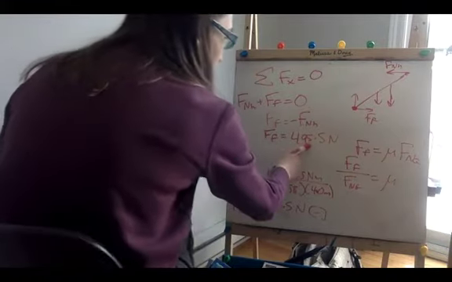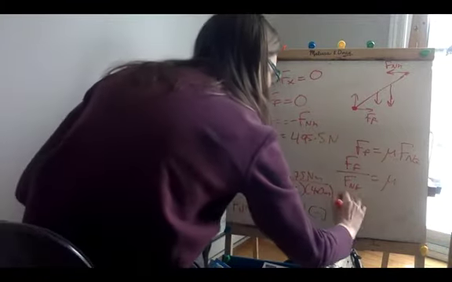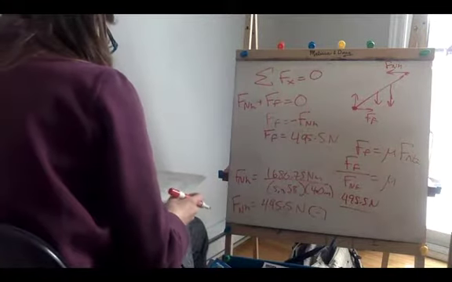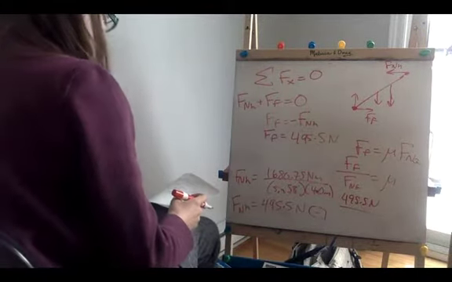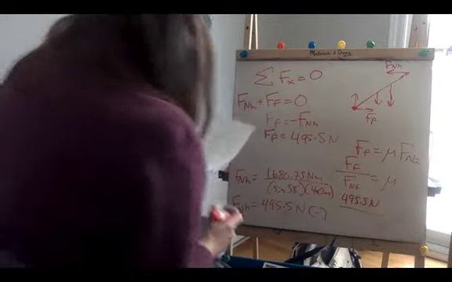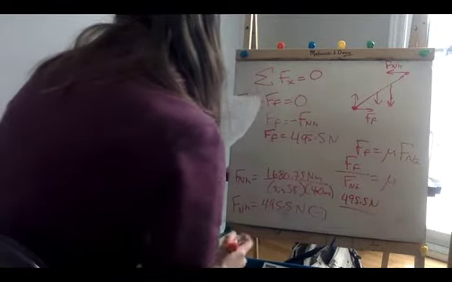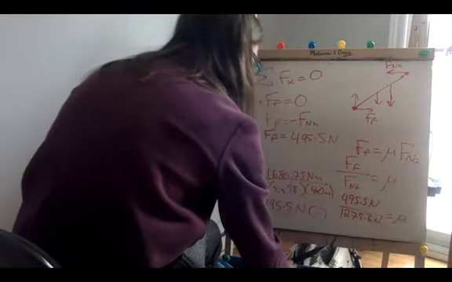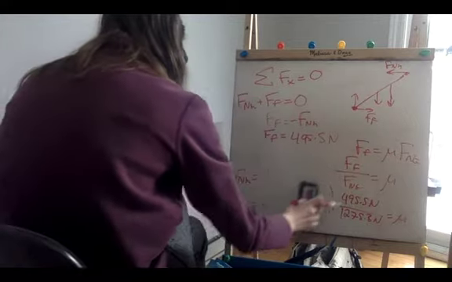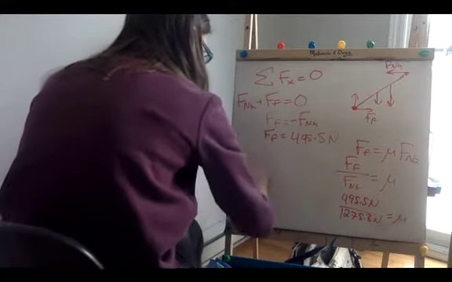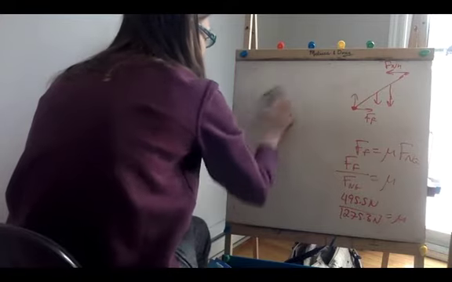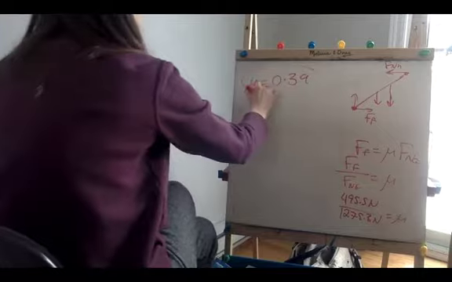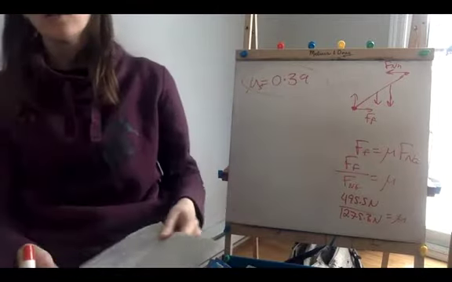So I can take that 495.5 newtons and divide it by that normal force for the ground, which we solved way back when we did the sum of the forces in the Y, which was 1275.3. And that actually gives us a value of 0.39. Okay, so this is the coefficient of static friction that we need to maintain equilibrium.